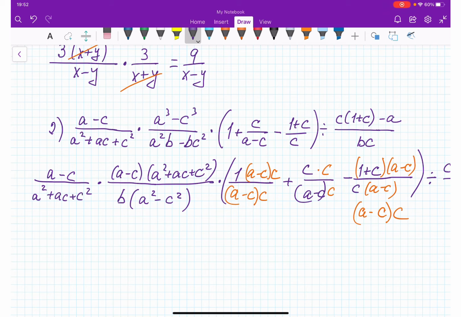First of all, let's simplify here what we have. This is going to cancel with this one, right? Now, a² − c², I will allow myself to open this parenthesis right here: (a − c)(a + c), right?